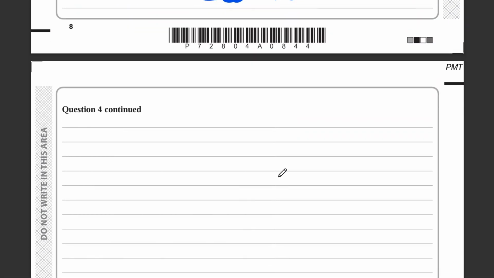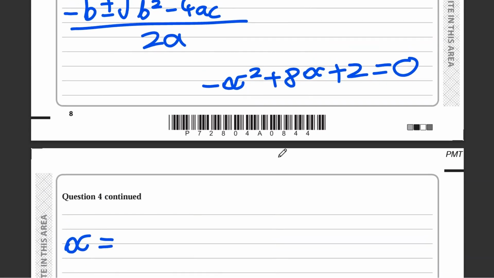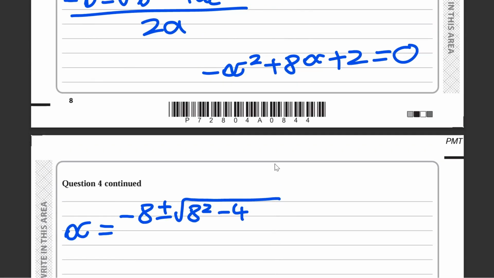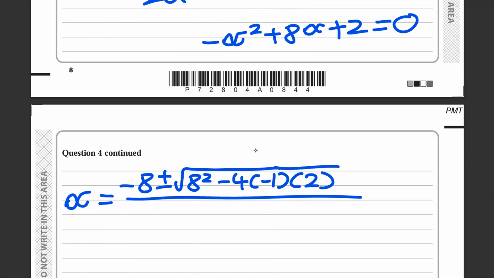Therefore alpha is equal to minus b, so minus 8, plus or minus the square root of b squared, so 8 squared, minus 4a, where a is minus 1, and then c, which is 2, and all of this is over 2a, so it's over 2 times minus 1.